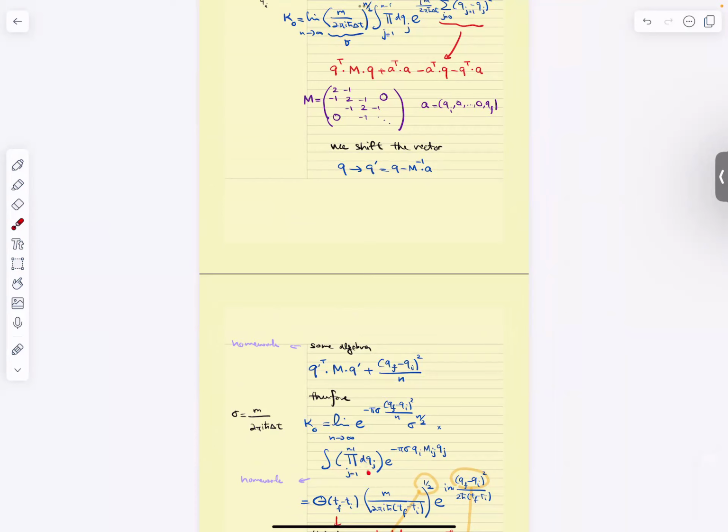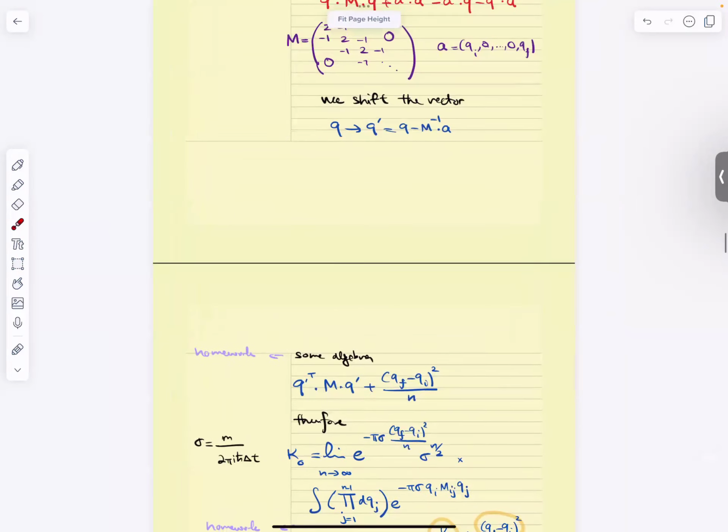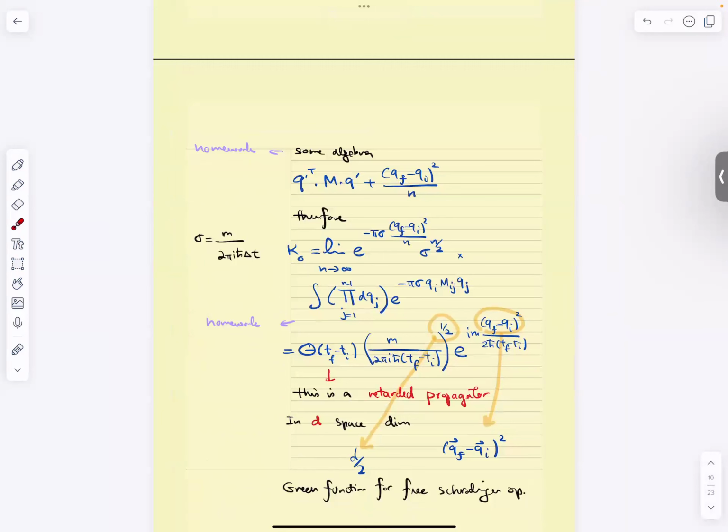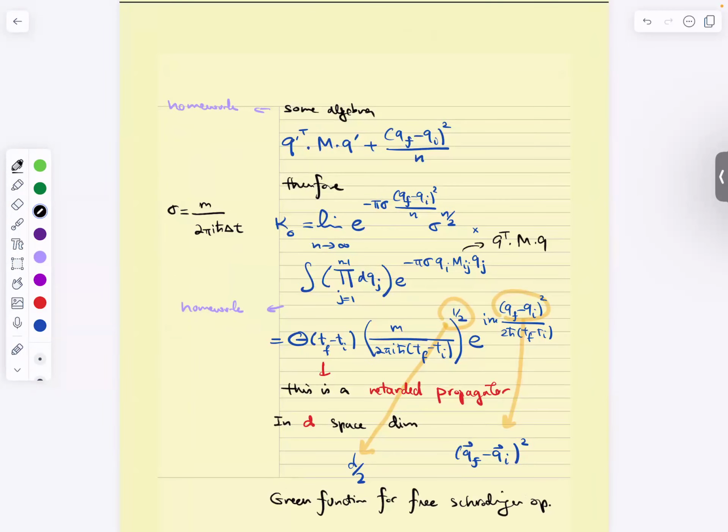And then the integral of dq e to the minus pi sigma q_i M_ij q_j. This is just q transpose dot M dot q. Good. Now you just have a bunch of Gaussian integrals, and you just do it.